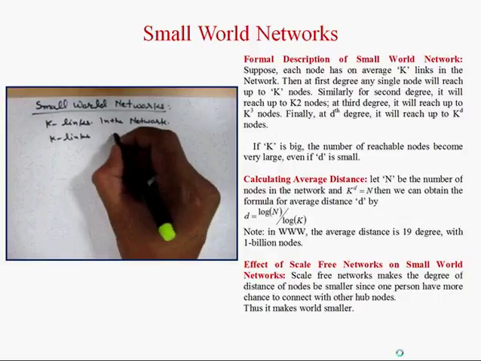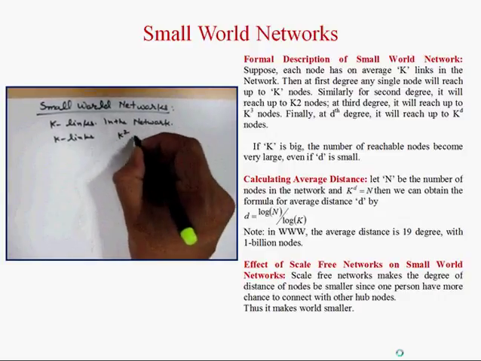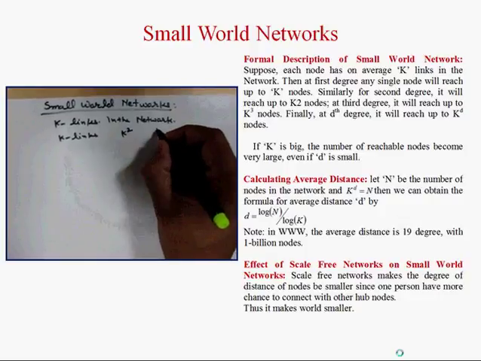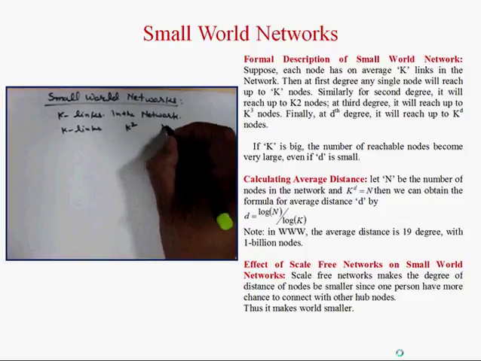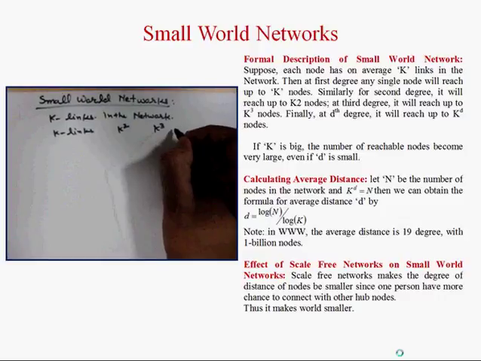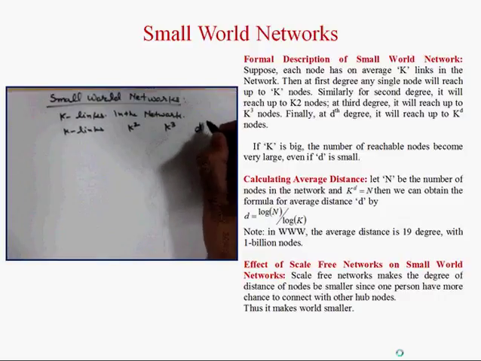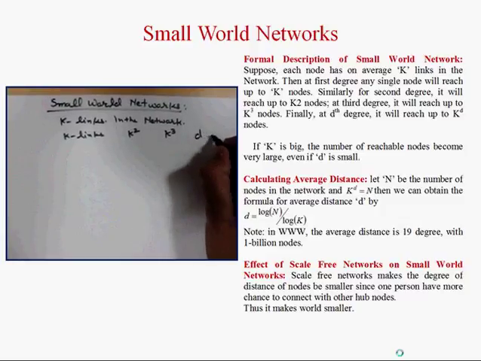Similarly, at the third degree, it will reach k cube nodes, and finally at degree d, it will reach up to k to the power d nodes.